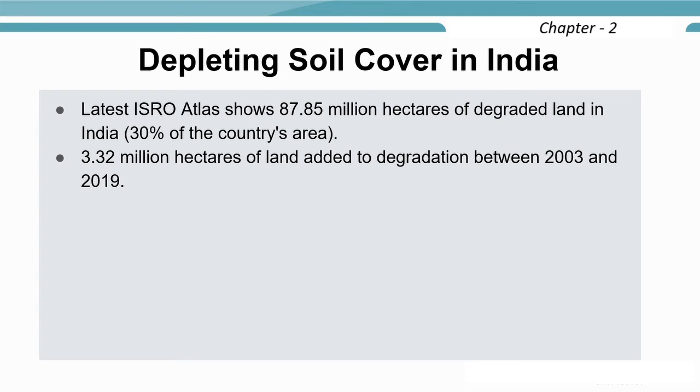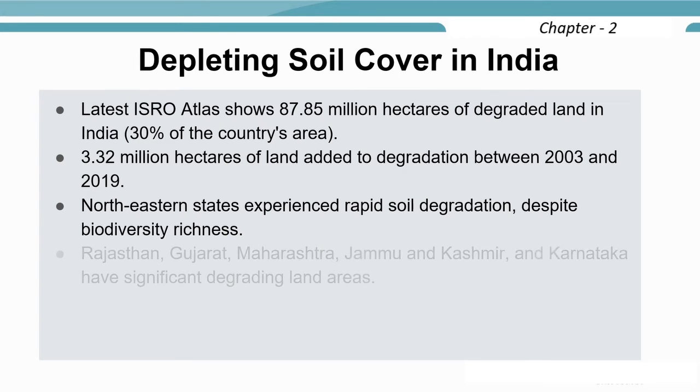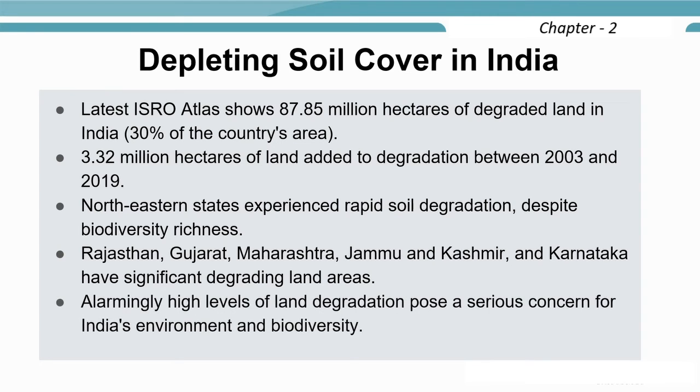Northeastern states have experienced rapid soil degradation despite biodiversity richness. States like Rajasthan, Gujarat, Maharashtra, Jammu, Kashmir and Karnataka have significant degrading land areas. Alarmingly high levels of land degradation pose a serious concern for India's environment and biodiversity.